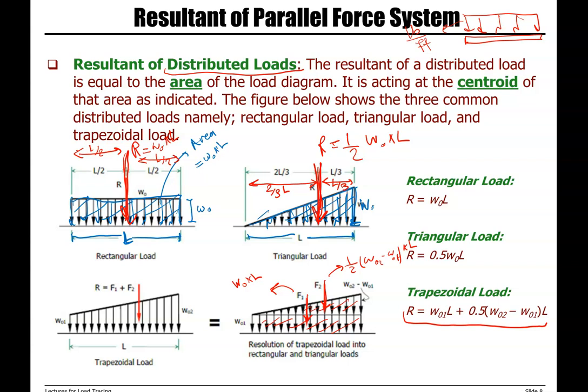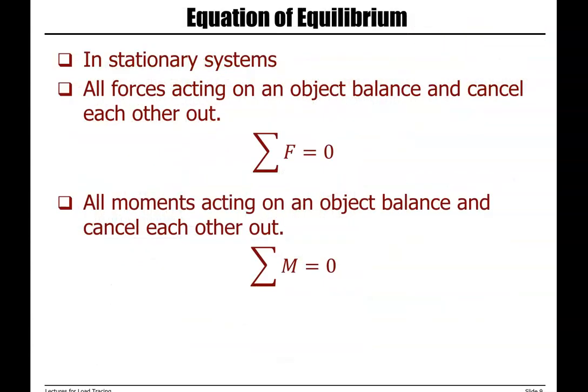And the last thing that I want to review before starting the load tracing lecture is the equations of equilibrium. In a stationary system, all forces acting on an object balance and cancel each other out. All moments acting on an object balance and cancel each other out.